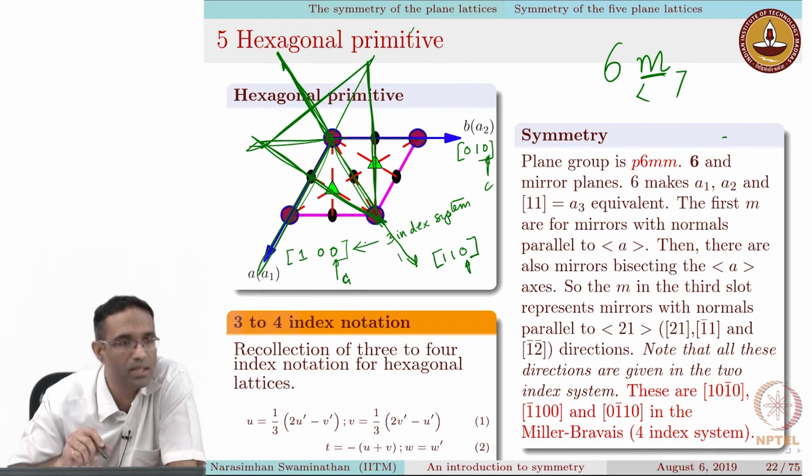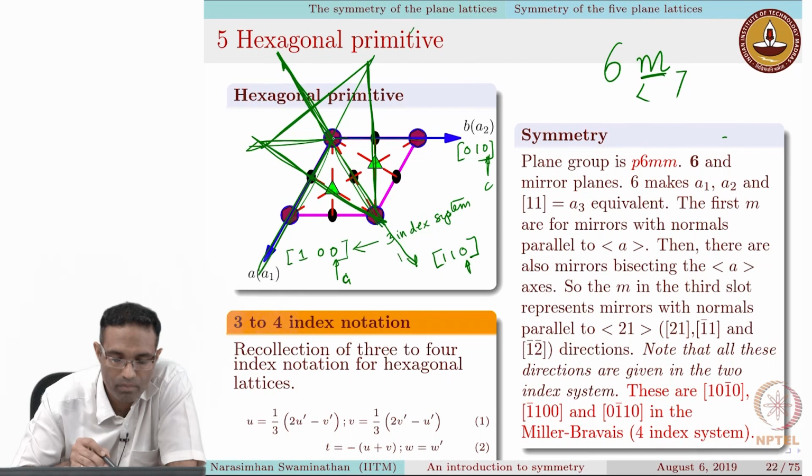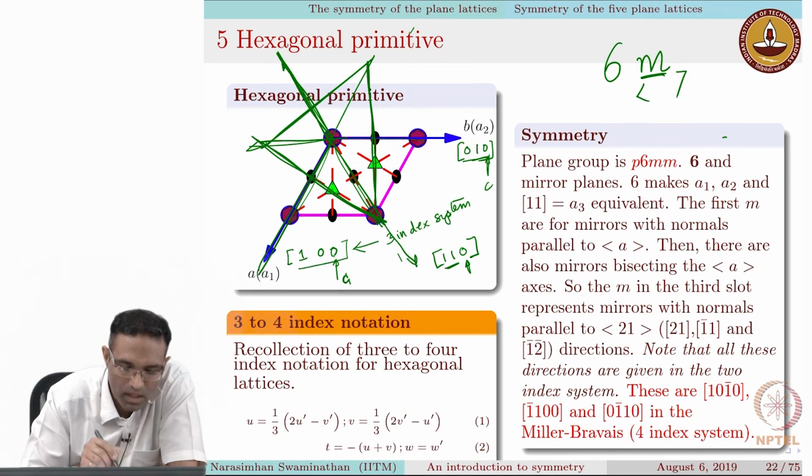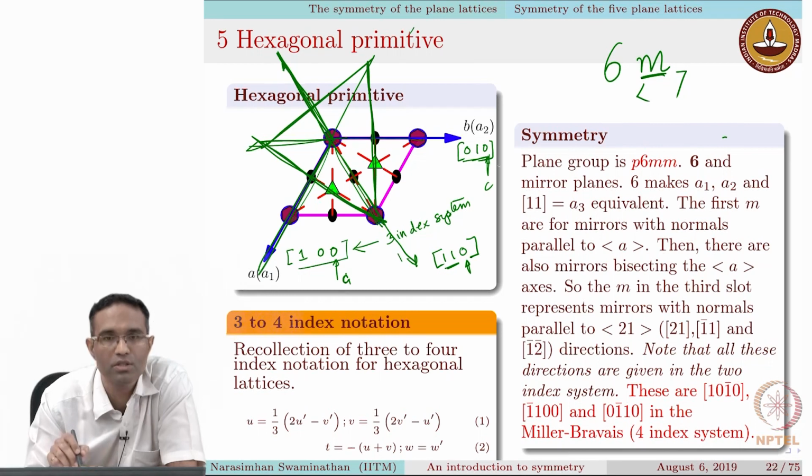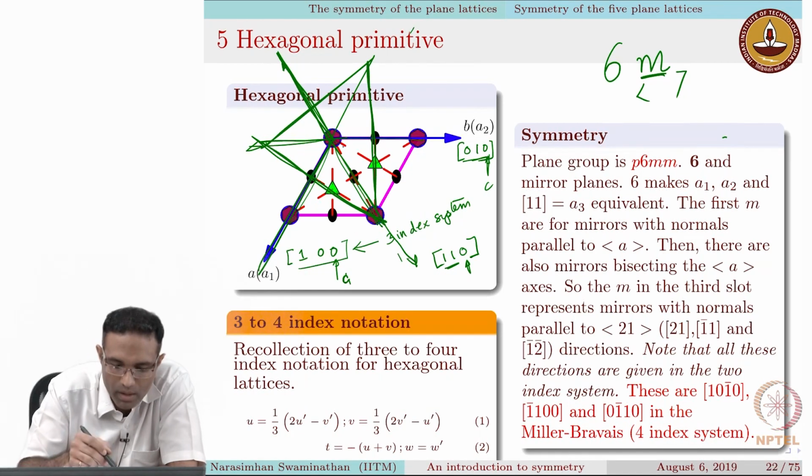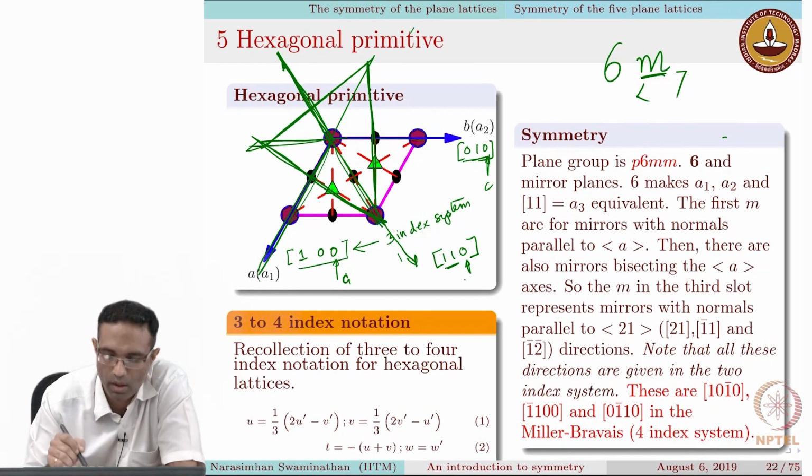The problem with this hexagonal system is that although the directions are equivalent, the indices that are appearing here are different. So 1, 0, 0 and 0, 1, 0 have a 1, 0 and 0. Here also you have 0, 1, 0. However, for this direction you have 1, 1 and 0.